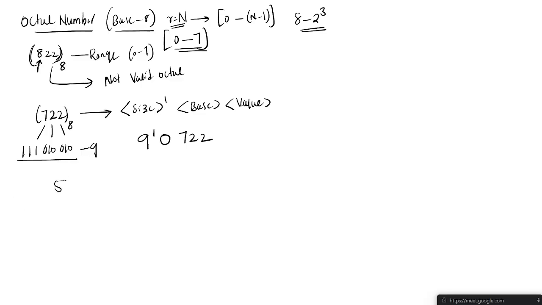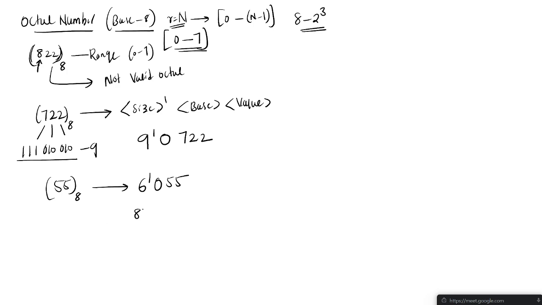Suppose 55 to the base 8. We have to divide it like 101, 101, and then it is 6 bits, 6 tick. So octal you can write O55.